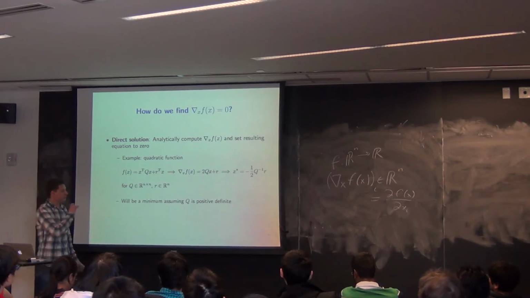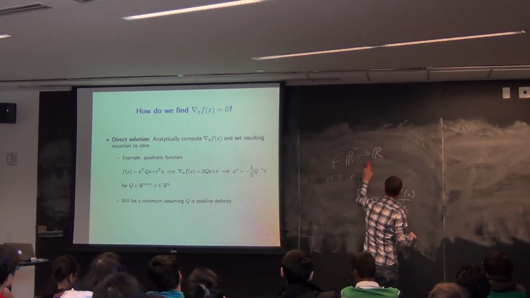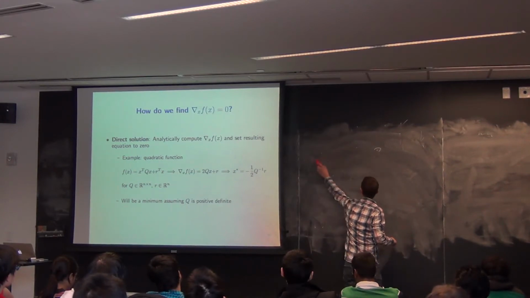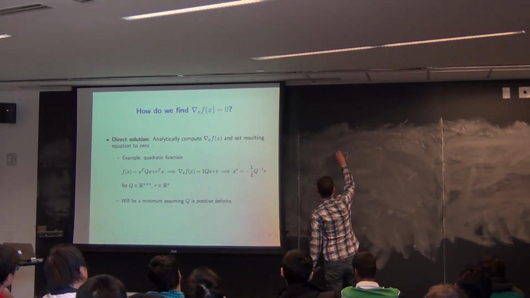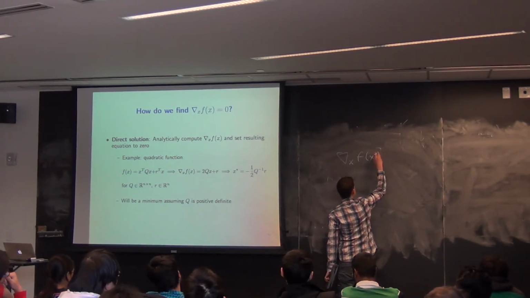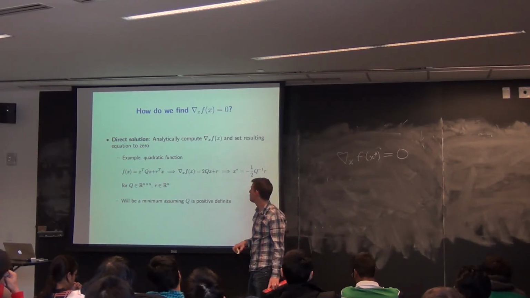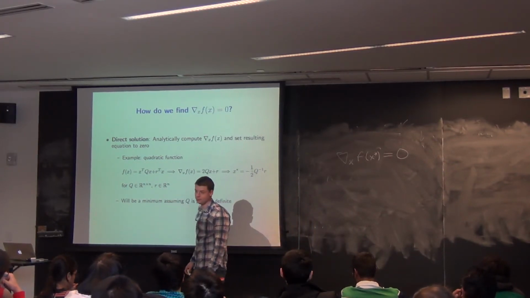All right, so now the question is, how do we find a minimum of this function, to optimize it? We want to find some point x star such that the gradient equals 0. How do we find that?